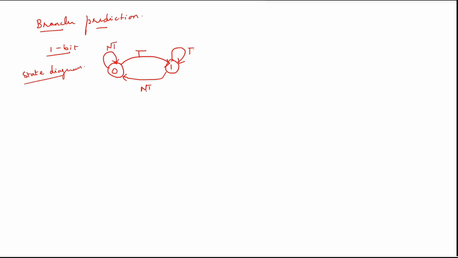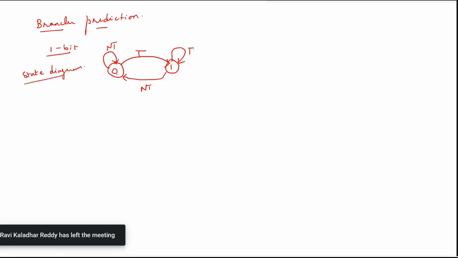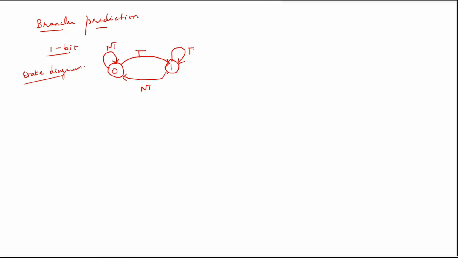Hope you read this, isn't it? Yes, ma'am. Only 1 bit: if it is 0, the prediction is not taken; if it is 1, the prediction is taken. Accordingly it will move.